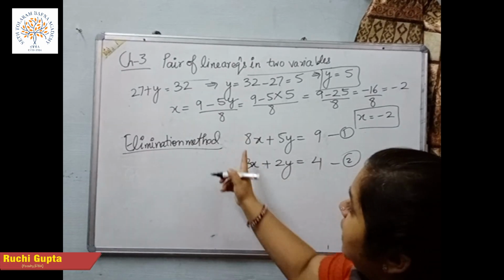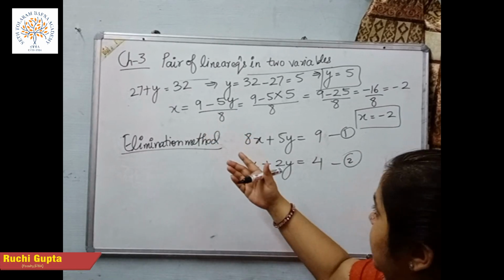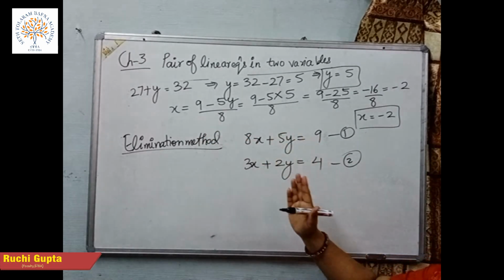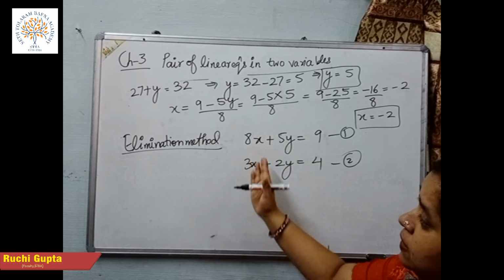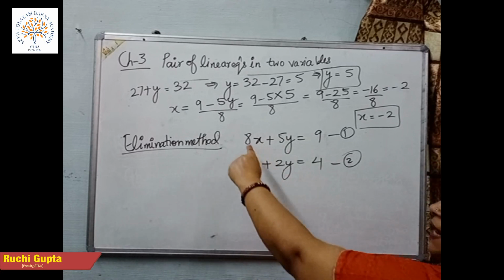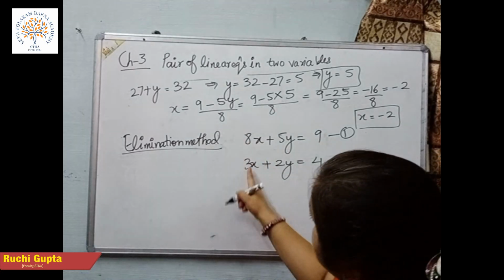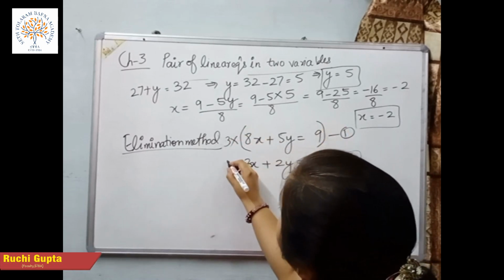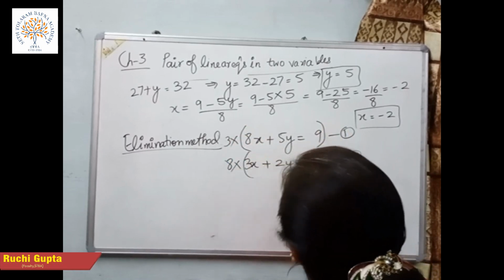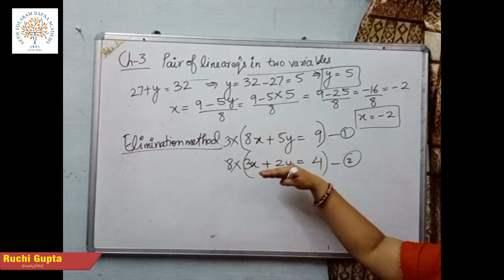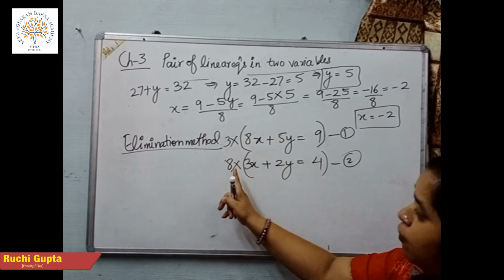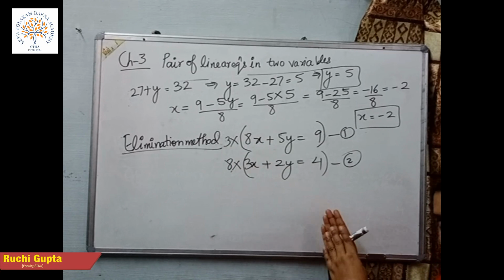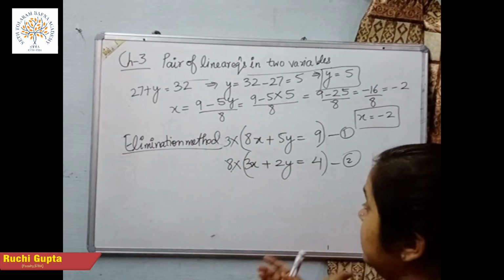So we have to make either the x coefficient the same or the y coefficient the same. Suppose I am changing the x coefficient. Then I multiply this whole equation by 3 and this whole equation by 8. Interchange the variables because 3 8s are 24 and 8 3s are 24. Is that clear? The concept is clear.